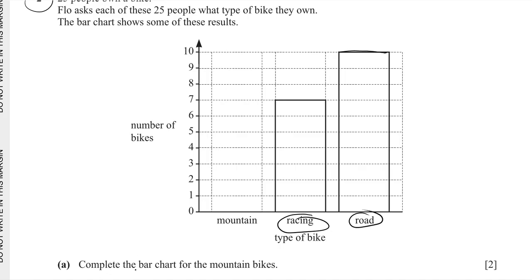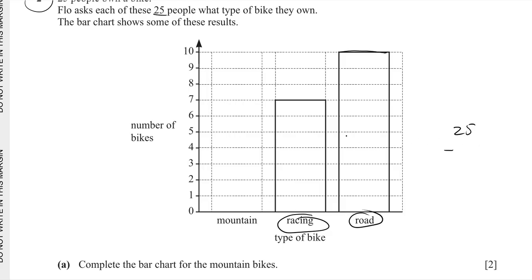Question A said, complete the bar chart for the mountain bikes. So for the mountain bikes, we have to figure out how many people actually own the mountain bike. To figure that out, since we have a total of 25 people, 25 minus, we have to take out the people who own the road bike and the racing bike.